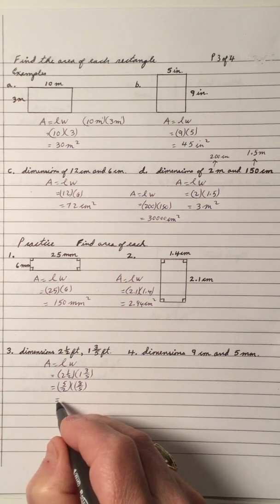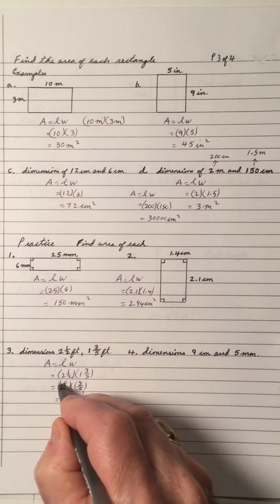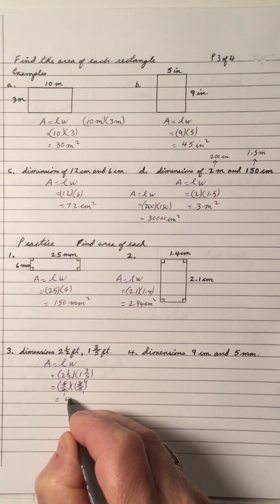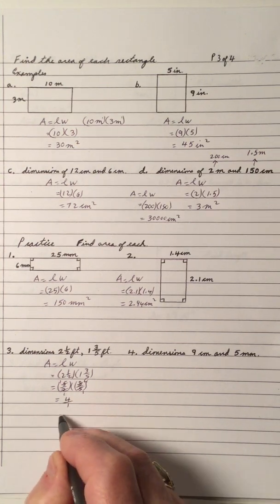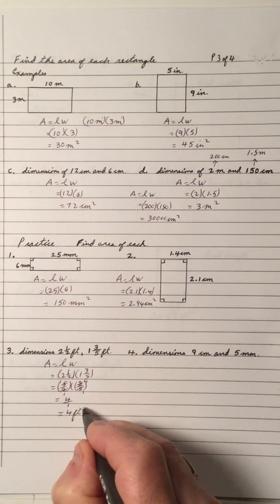And when I multiply fractions, I'm a believer in canceling. 5's cancel, top and bottom. The 2's cancel with a 4. 1 times 4 is 4. 1 times 1 is 1. And 4 over 1 is 4. And it's feet, so it's feet squared.